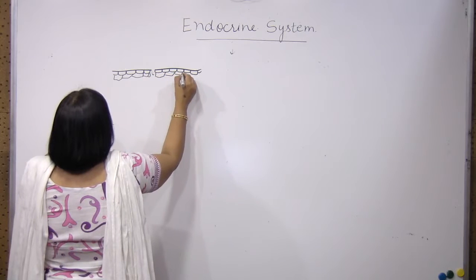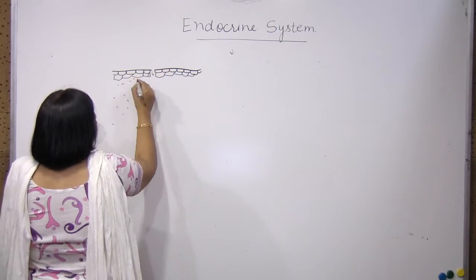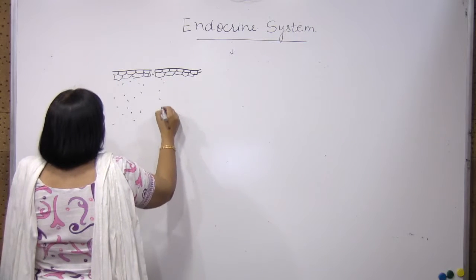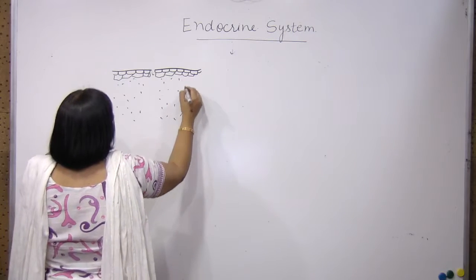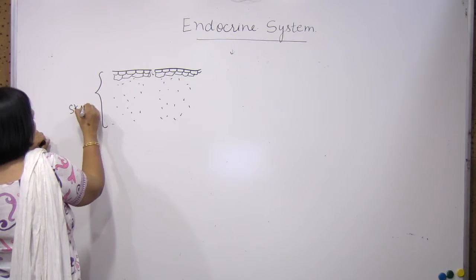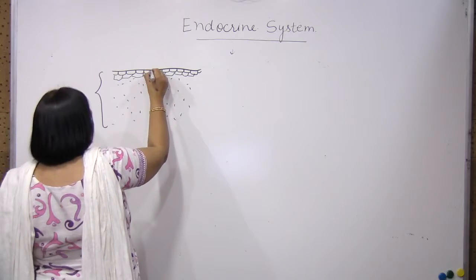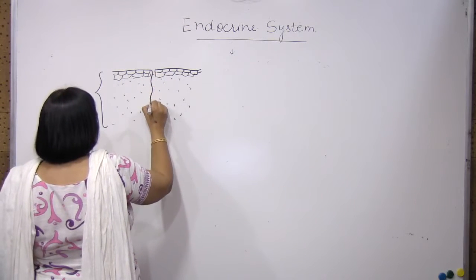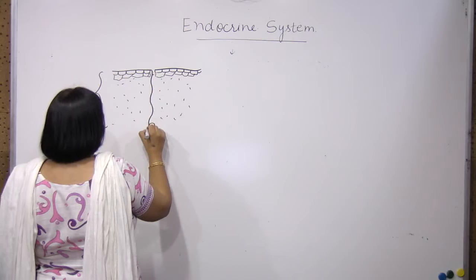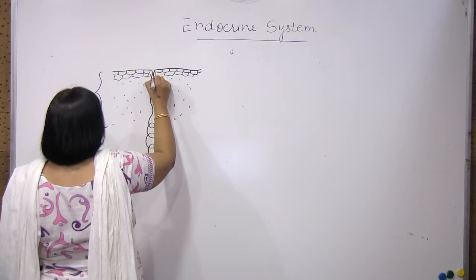I am not drawing cells, but you know, all these are cells, and this is the structure of skin. And here in the skin, there is present a long coiled sweat gland.